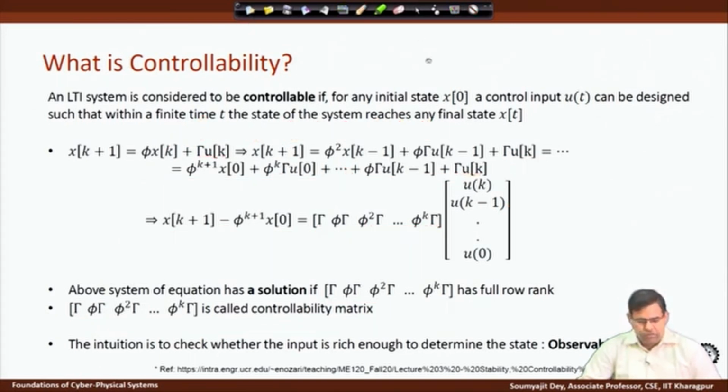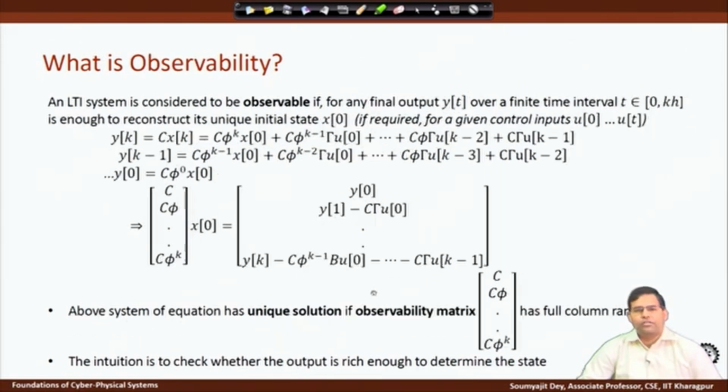So, fine, this is about controllability, which we talked about earlier, and just to appraise you, there is also a dual characteristic which is known as observability, where the intuition is to check whether the output is rich enough to determine the state.